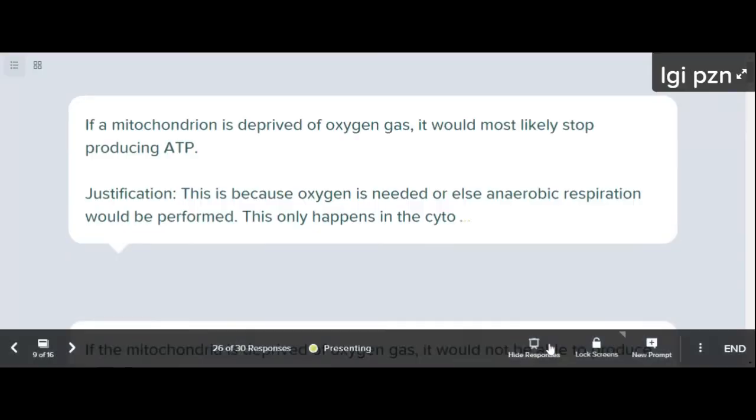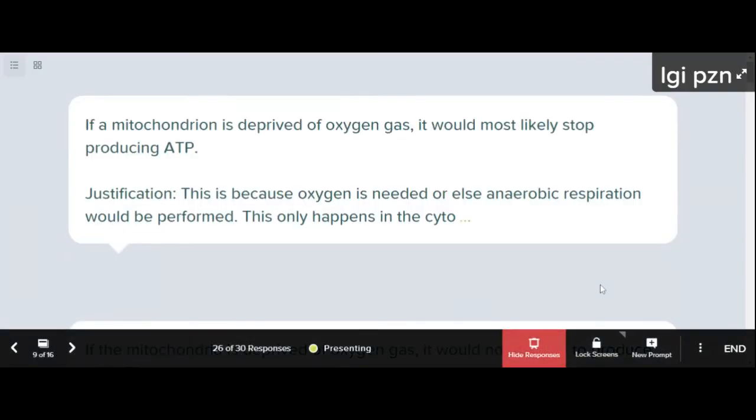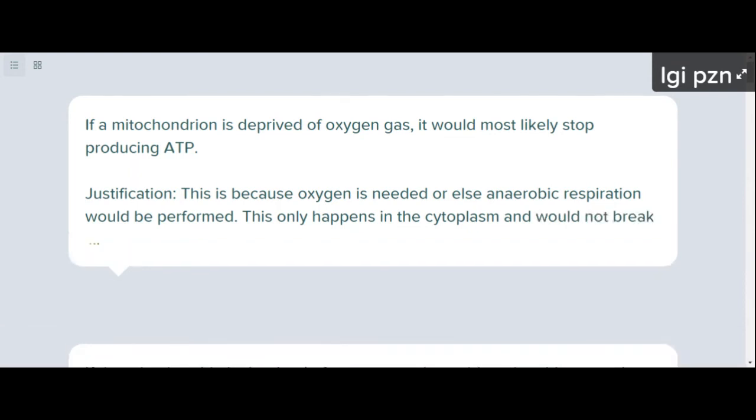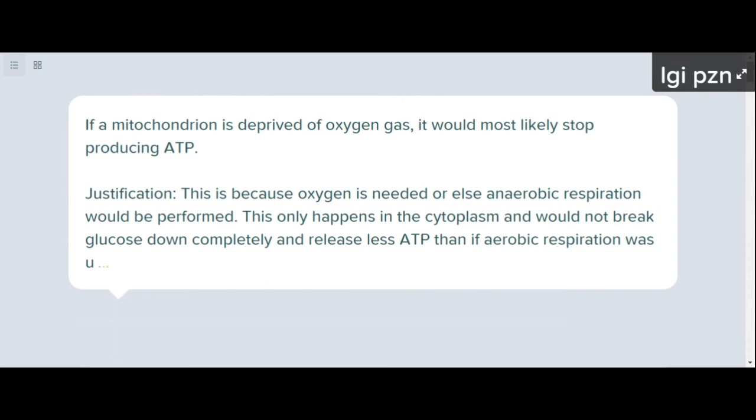So that's why, because oxygen is needed to get the electrons out of the way so the electron transport chains can keep moving electrons. Those electrons move, and that is what's pumping the hydrogens out. And remember, the hydrogens create that concentration gradient that then causes the production of ATP through ATP synthase. Remember that? That was a long time ago, I know.